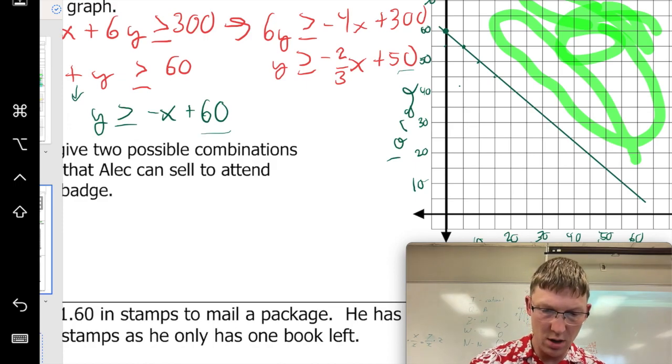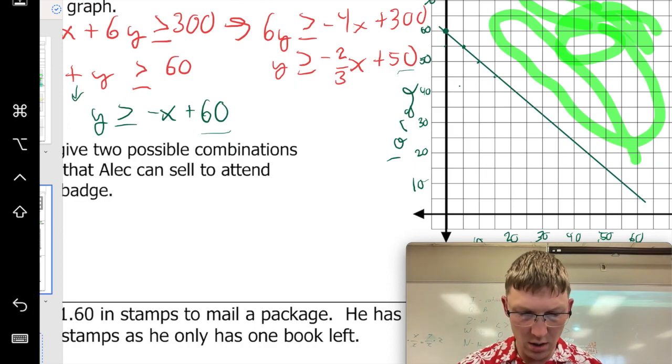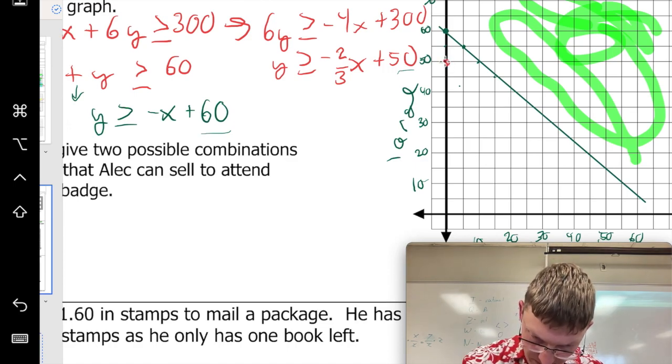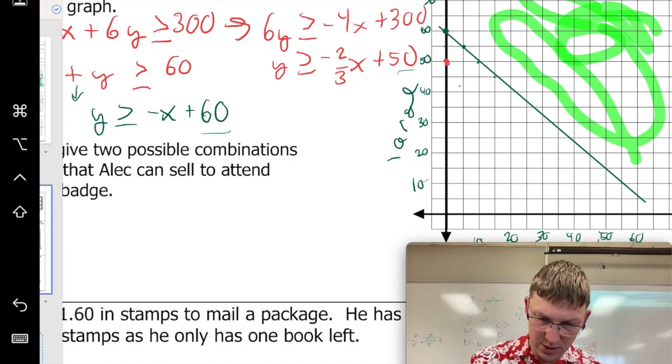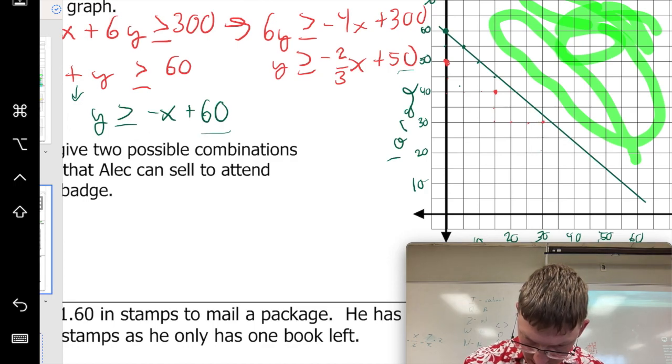So we would shade in that top part. Okay, so our next one is going to be this one right there. Our y-intercept is going to be 50. And this time we're going down 2, over 3. Down 2, over 3.